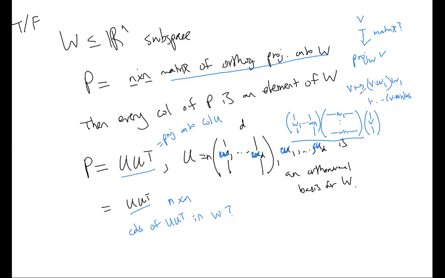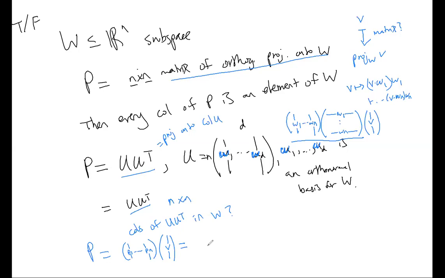And here's what it should equal. Does anyone have any ideas? Right, P should be something. Are columns of P linear combinations of columns of U? Yeah. Whatever columns these are, say P1 through Pn.